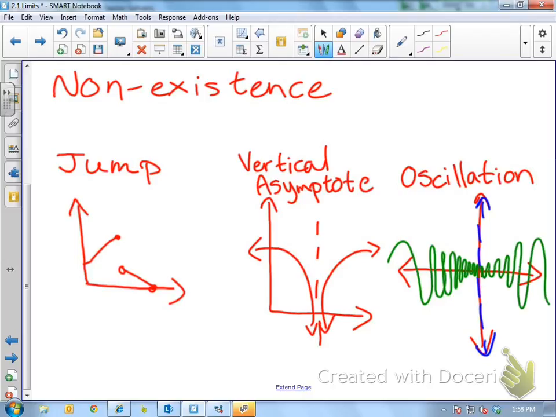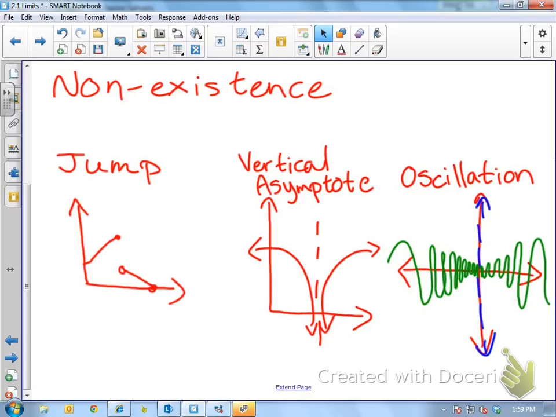A lot of people think they connect at some point, but that's not the case. There are infinitely many oscillations as we approach 0.